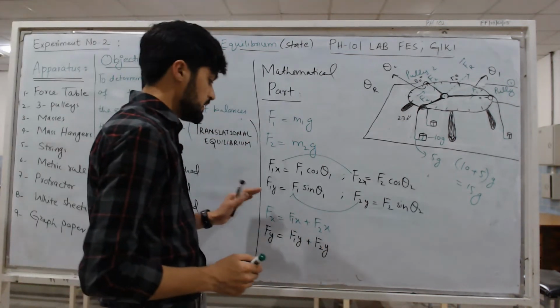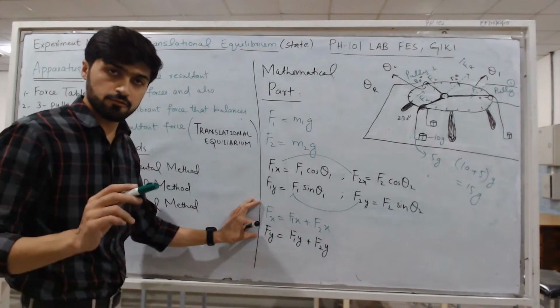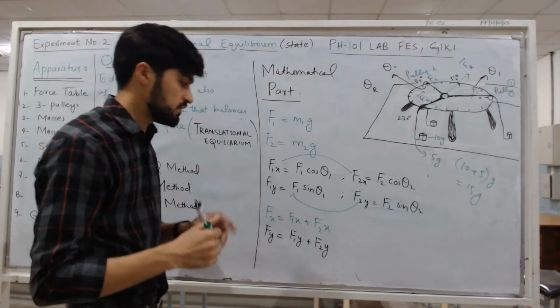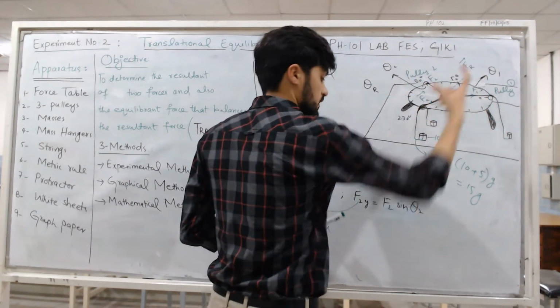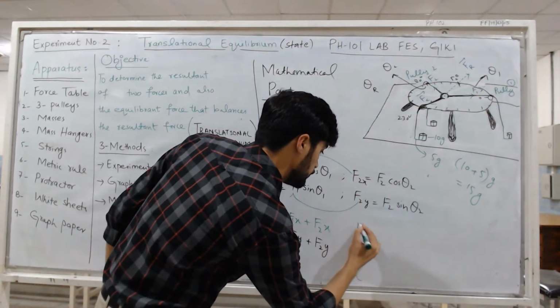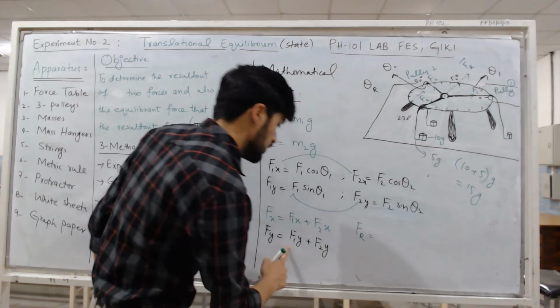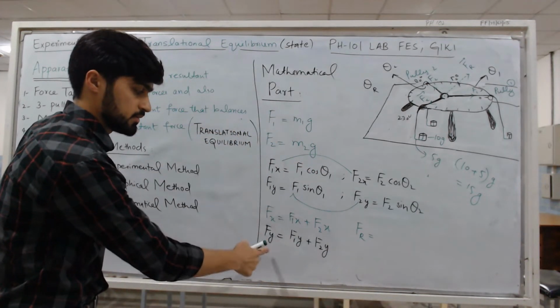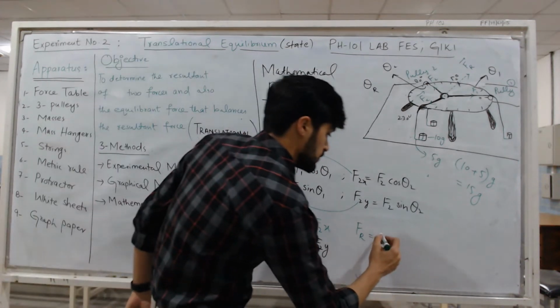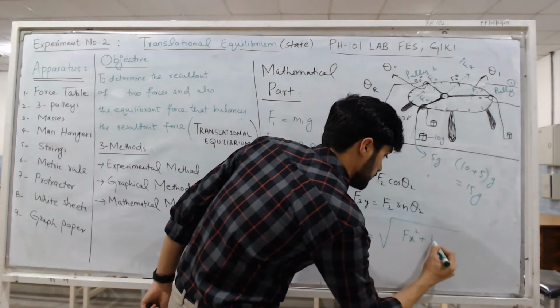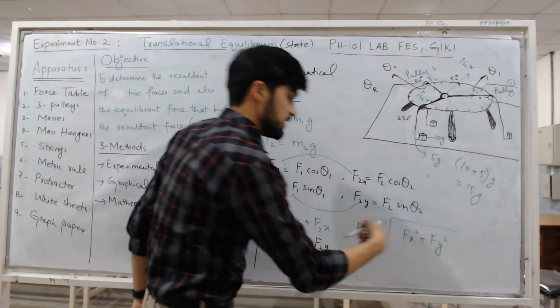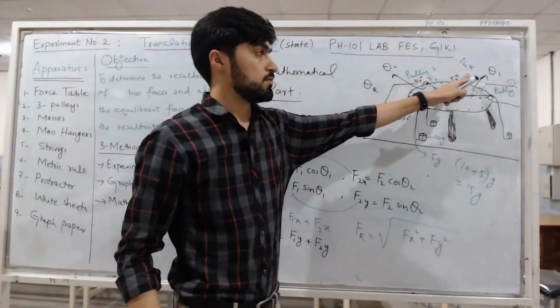Now we can easily find the magnitude of the resultant force. How much is the magnitude of the resultant force? The magnitude of the resultant force, the length of this vector, is equal to the square root of the sum of the squares of these two components, Fx square plus Fy square. This will give the resultant of this force.